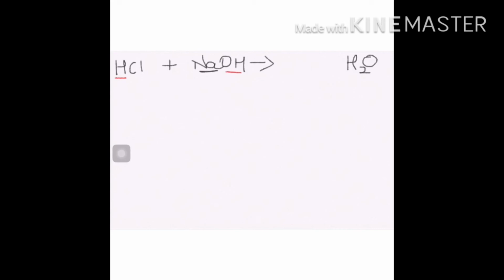Sodium, Na, is left and Cl, chloride, is left, which means you get NaCl, salt. So you get salt and you get water.